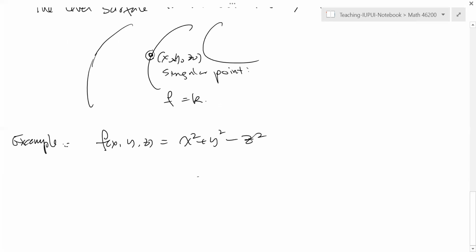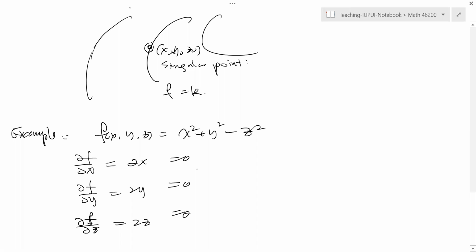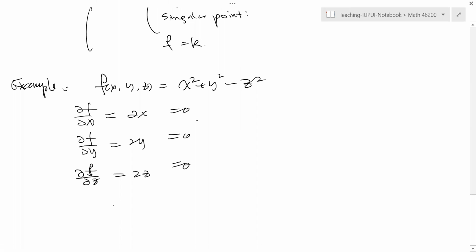Then you look at the partial derivatives. The partial derivative with respect to x is 2x, with respect to y is 2y, and with respect to z is 2z. When you set these to be 0, there's only one solution, which is the origin. Only at that point are the partial derivatives all equal to 0.